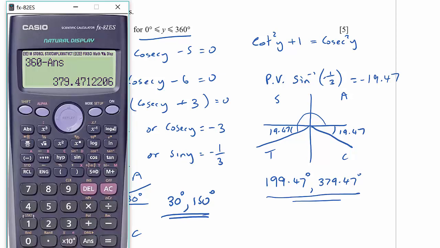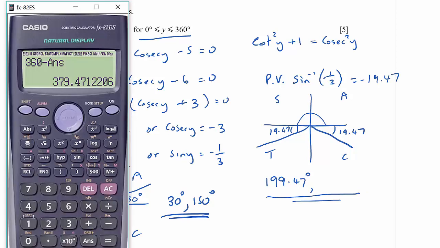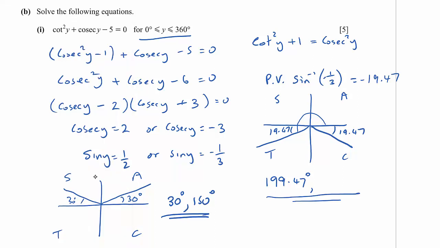No, that's more than 360. I did something wrong on the calculator, didn't I? Oh, because the answer was negative. So I needed to do 360 take away 19.47. It's very easy to make mistakes. And 340.53.